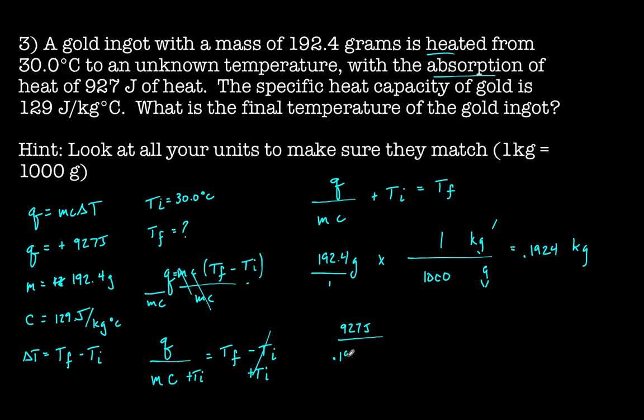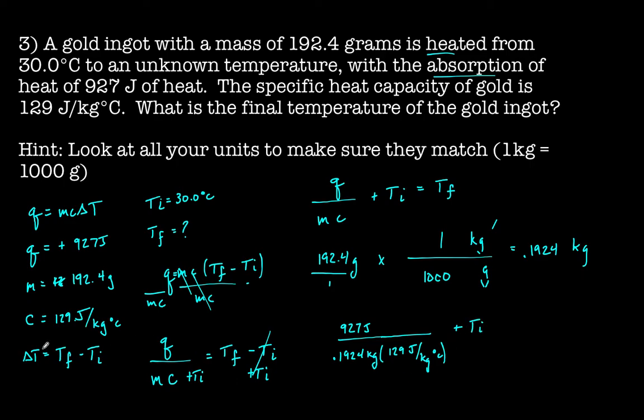I'm going to be sure to use the kilograms one. Kilograms times specific heat capacity. Here, our specific heat capacity is 129 joules per kilogram degrees Celsius, and then I am going to add our temperature initial, plus Ti.